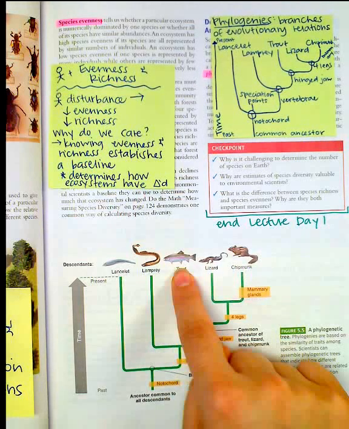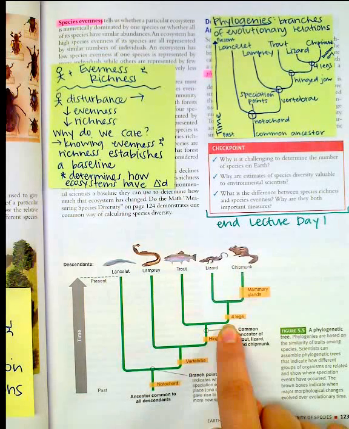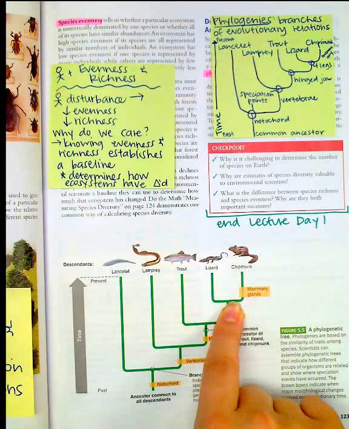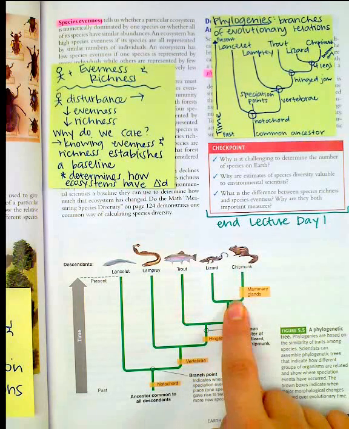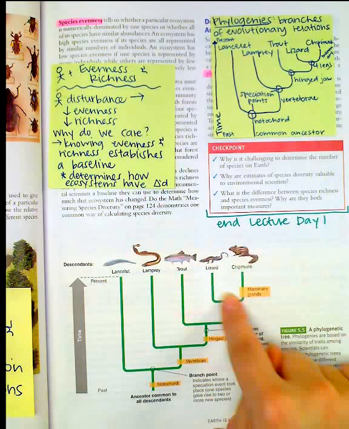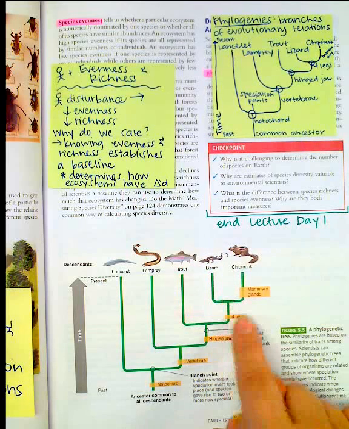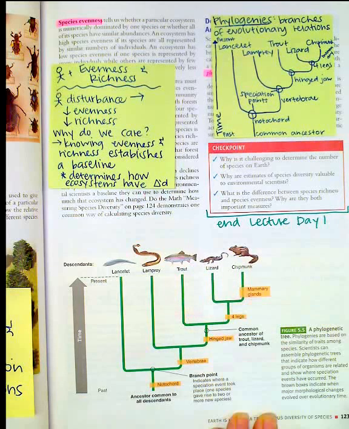Okay, and then evolution kept going, and we had this thing called four legs, and so this could be in the water or on land, but four legs evolved. Okay, so here's the common ancestor between the lizard and the chipmunk. And so the lizard is going to be more similar to this ancestor than the chipmunk, because after four legs evolved, then these things called mammary glands evolved, and that's the mammary glands are what produces milk.